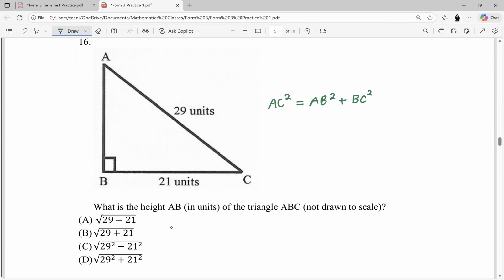If AC squared is equal to AB squared plus BC squared, then AB squared will be AC squared minus BC squared. And then AB by itself will be the square root of AC squared minus BC squared. So now you just match those, right? It will be the square of the hypotenuse, take away the square of the other side. So it'll actually be C.